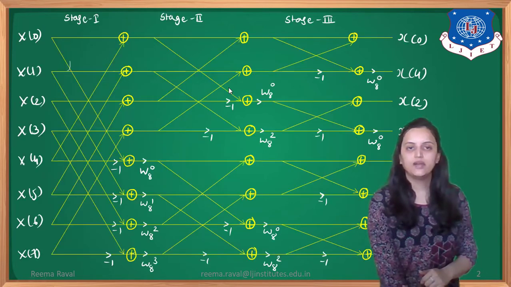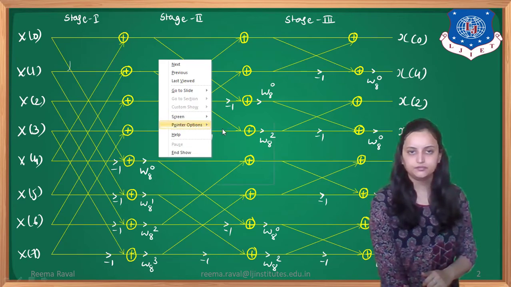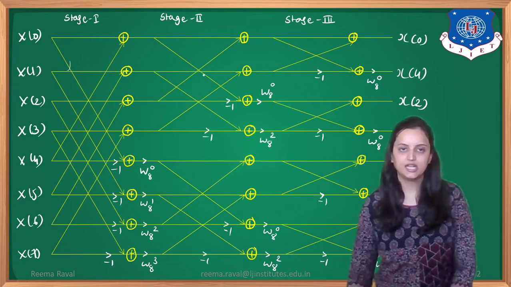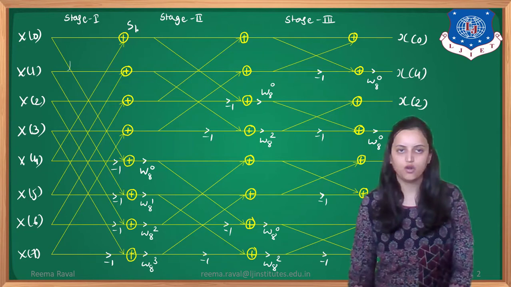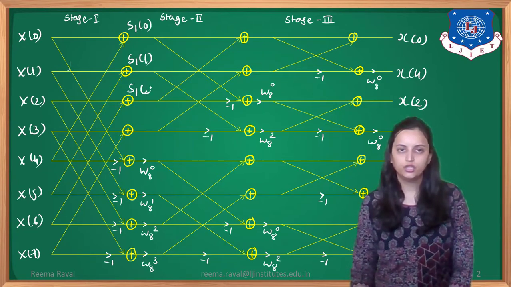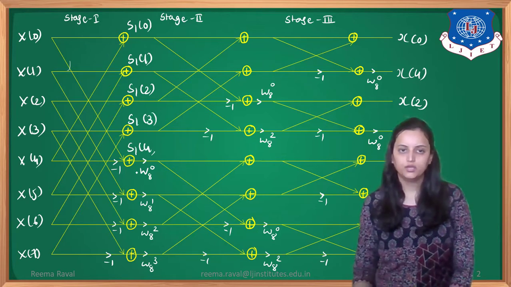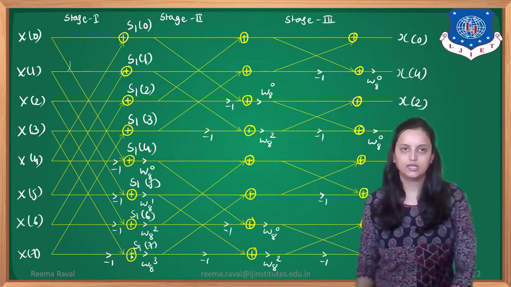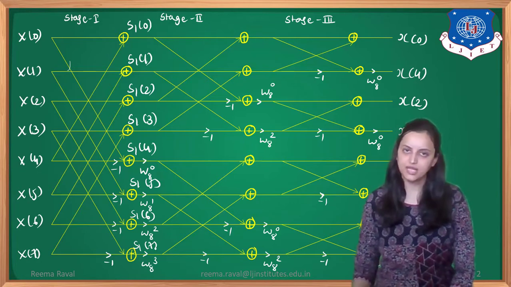Let us write down these values. The output of stage 1 we denote as s1 of 0, s1 of 1, s1 of 2, s1 of 3, s1 of 4, s1 of 5, s1 of 6, s1 of 7, that is 8 points from 0 to 7.